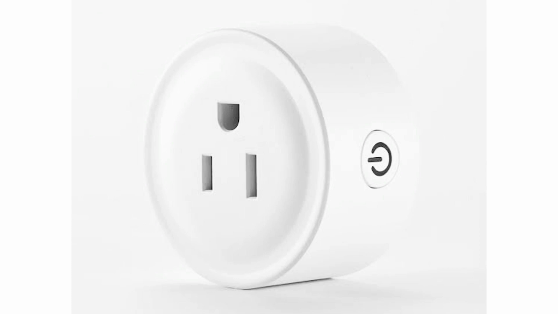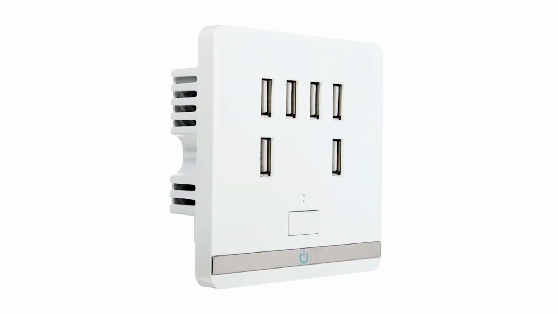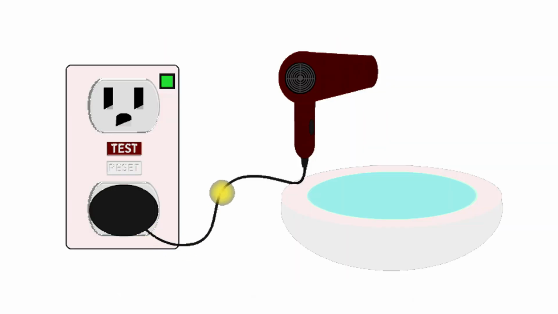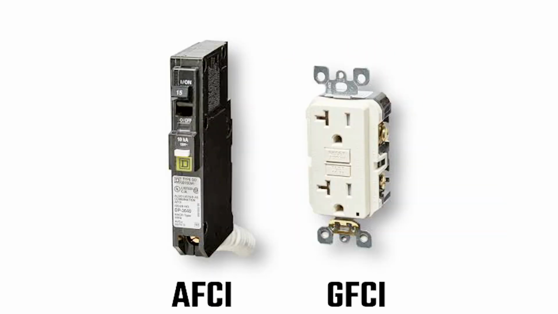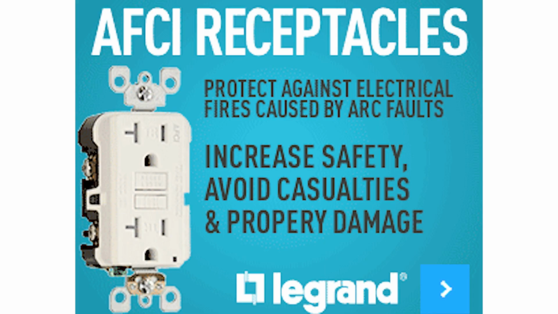Smart sockets, I mean sockets that have been automated, USB socket, ground fault circuit interrupter socket, and the arc fault circuit interrupter socket are now widely available in the market.